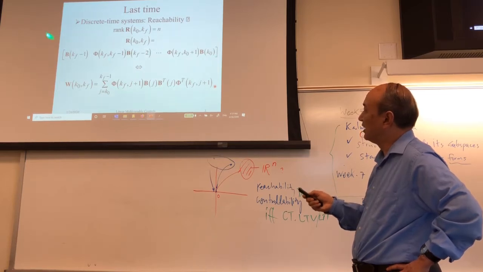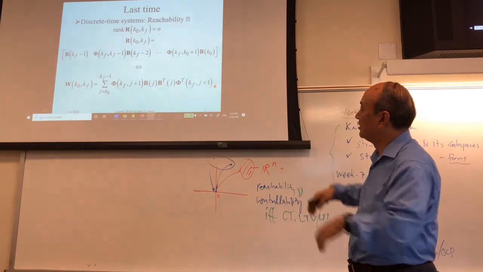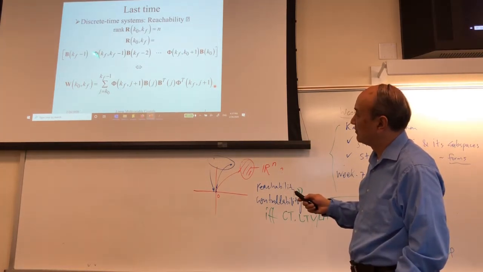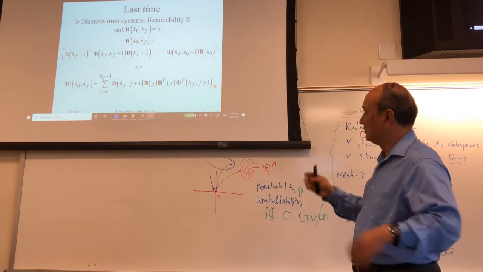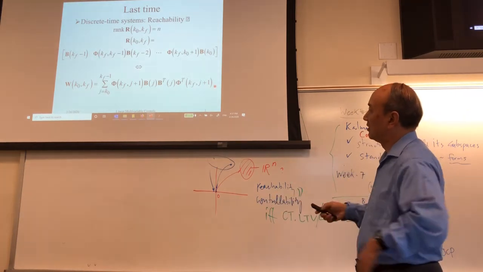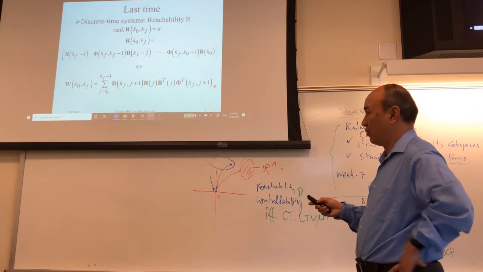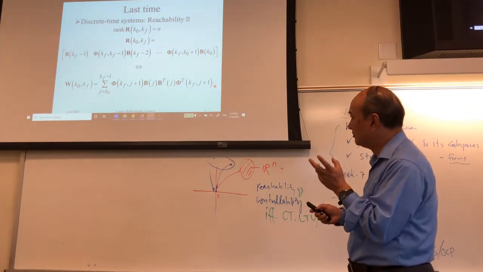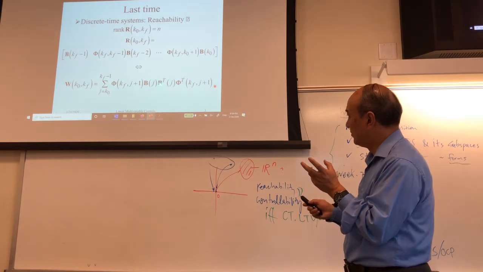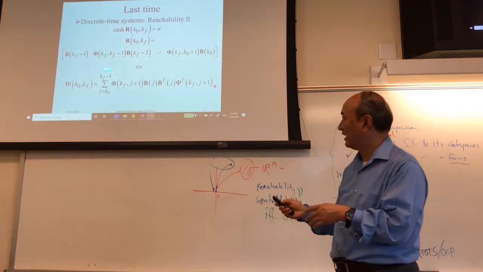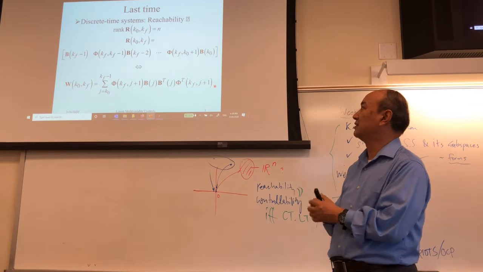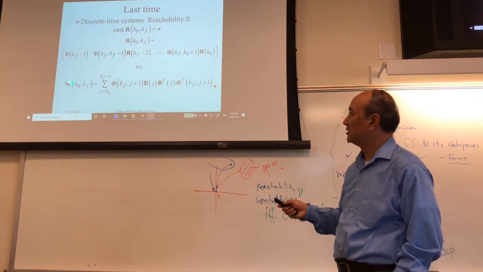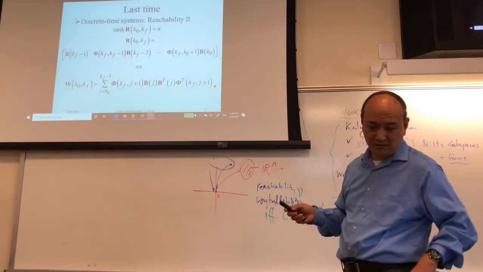So these are the reachability matrix involving state transition matrix phi. So that's the rank condition for R. But remember here we have W. This W is written as phi B, B phi, and add all these things together. So this matrix is full rank.